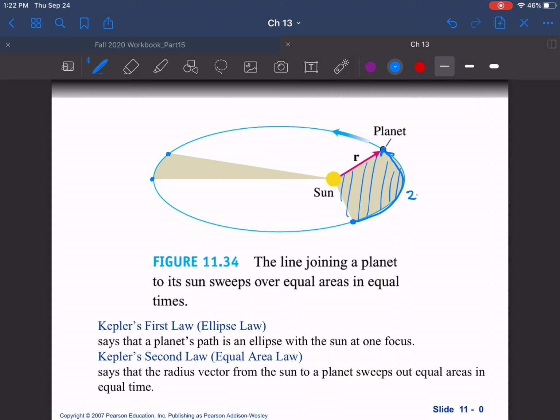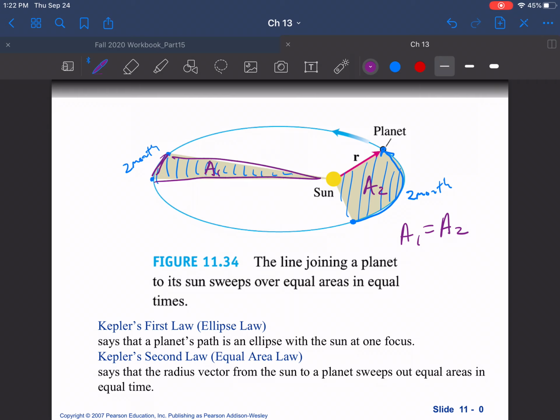Say this was 2 months, and we waited over here, and this was 2 months. These two areas that are swept out will be equal. If this is area 1 and this is area 2, they equal each other. One is long and skinny, and the other is short and fat, but those two areas are going to be the same.